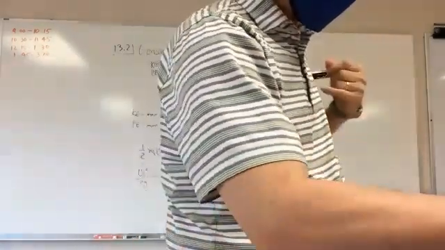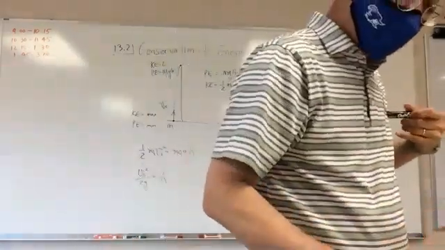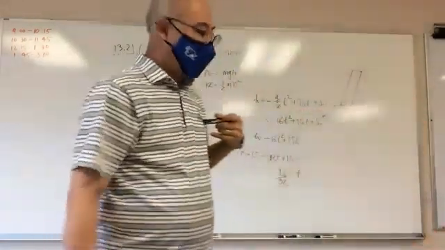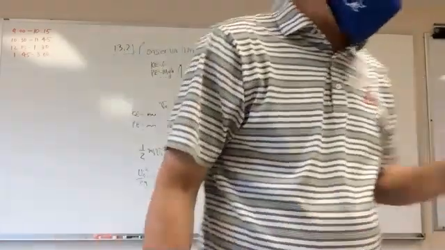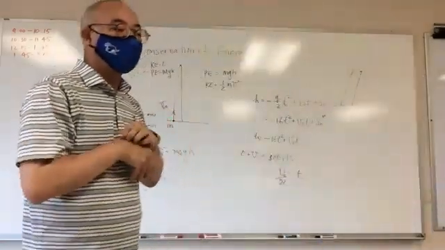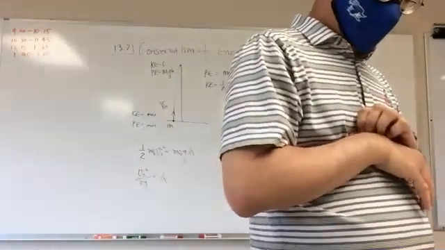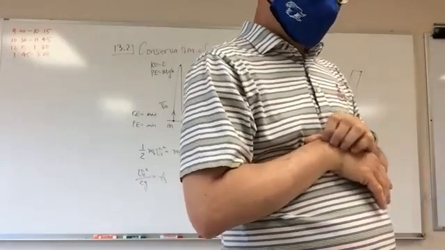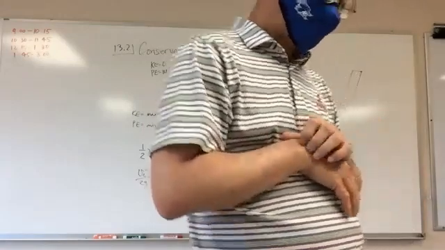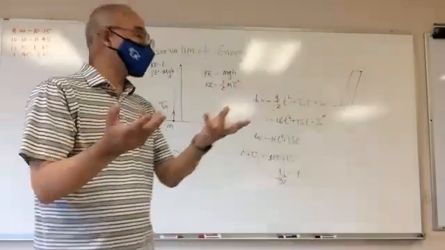Let's go to page 439. The way they write this is the delta kinetic energy plus the delta potential energy and delta elastic energy. Traditionally, the equation does not include the elastic energy.